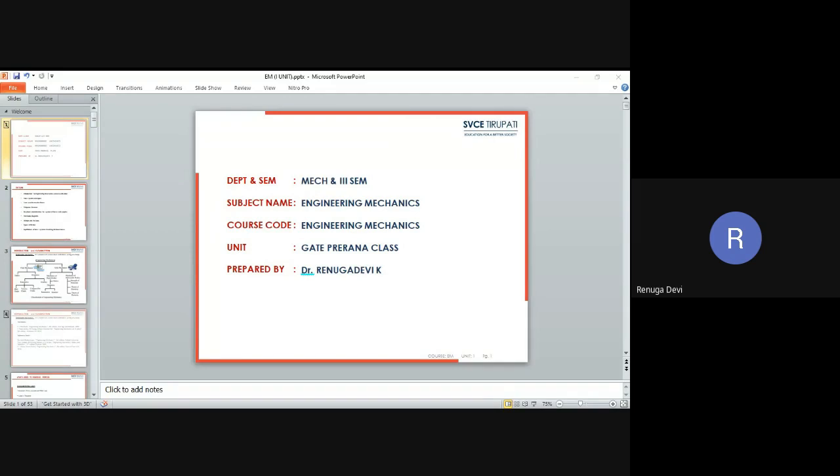So mechanics is majorly classified into two categories, statics and dynamics. Before going to this, engineering mechanics is basically classified based on the molecules of the body into two major ways: fluid mechanics as well as solid mechanics.